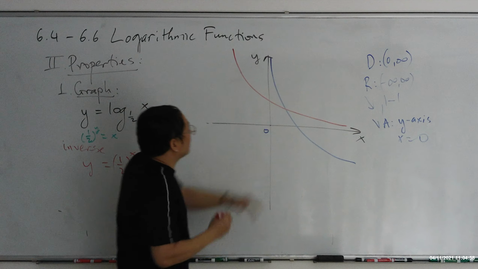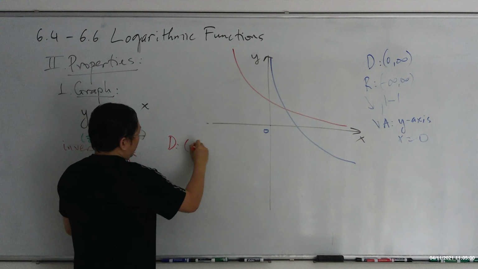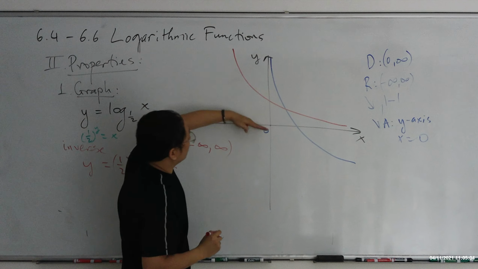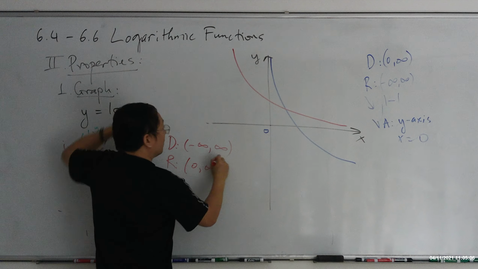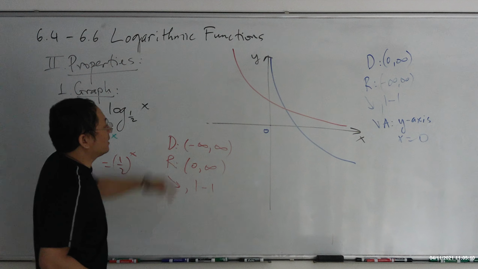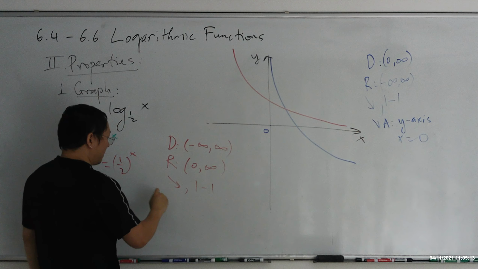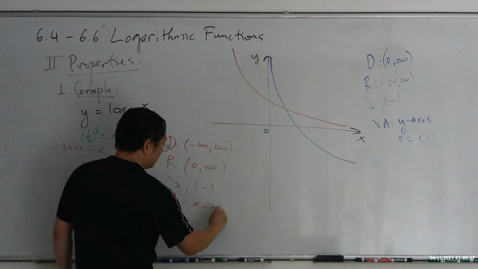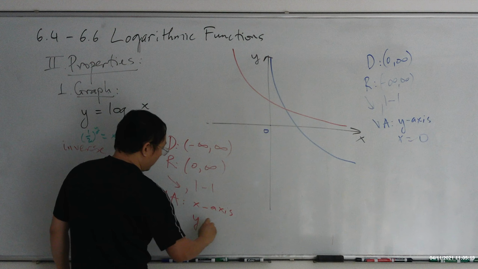From negative infinity to positive infinity. The range of the red function is 0 to infinity. Still decreasing, still one-to-one, and it has a horizontal asymptote at the x-axis, whose equation is y equals 0.